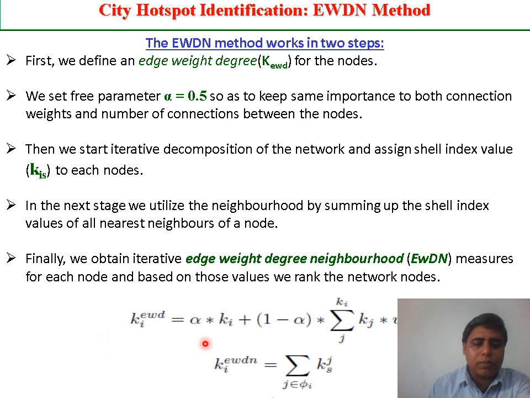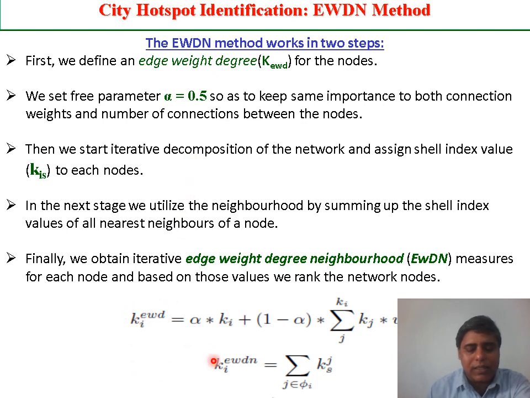In this method, we first find the edge weight degree of each node. This edge weight degree is calculated using the node degree and some formulation, which iterates over all the neighborhood edge weights and then creates the edge weight degree. Here alpha is an empirical parameter taken as 0.5.